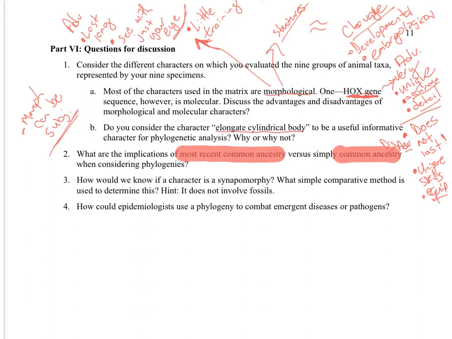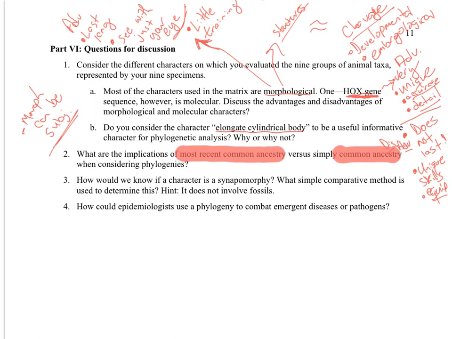So primates all have thumbs, for instance. What would be another example? Reptiles all lay eggs, for instance, or reptiles have eggs. Some reptiles actually hatch the eggs inside the reptile. But in any case, the point is that these are derived traits that come from a most recent common ancestor. And how do you tell if it's a synapomorphy?